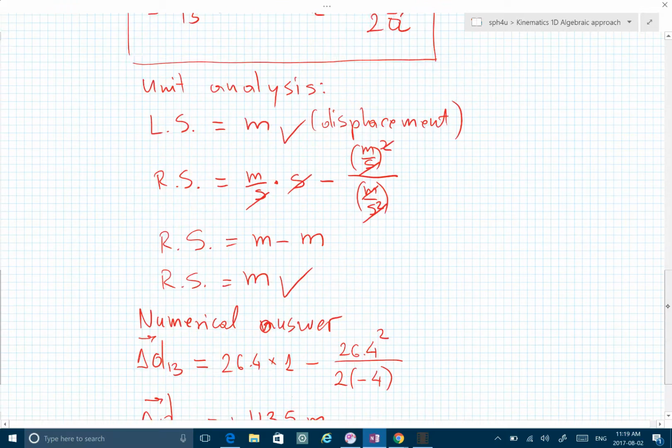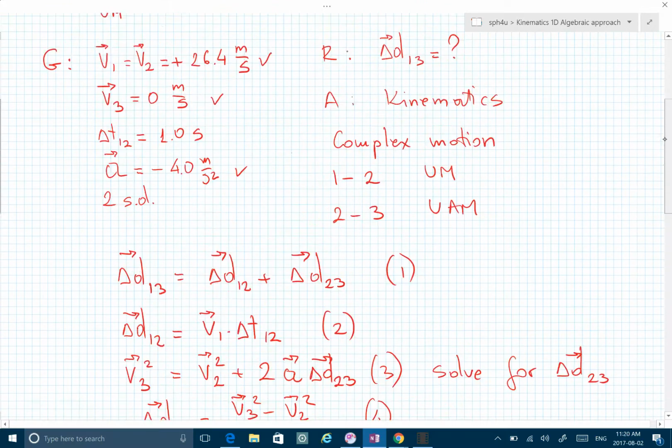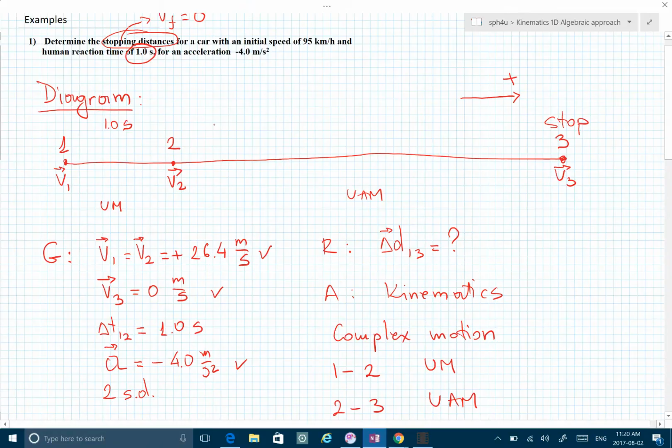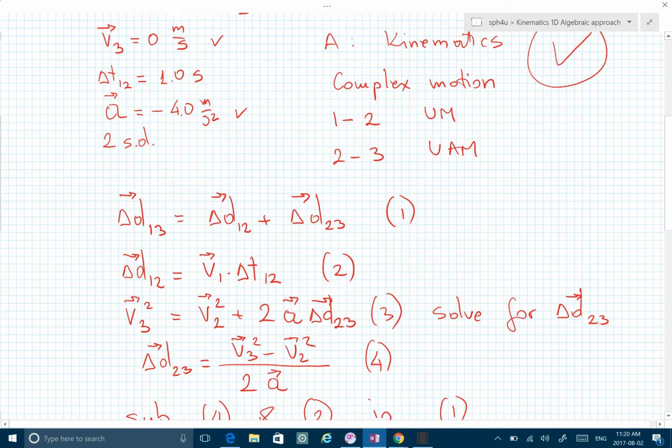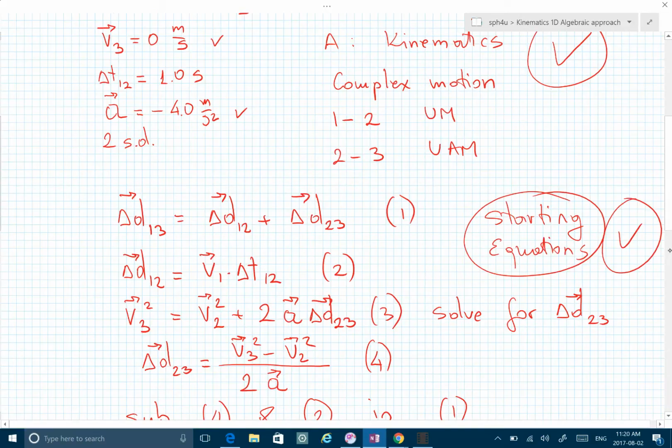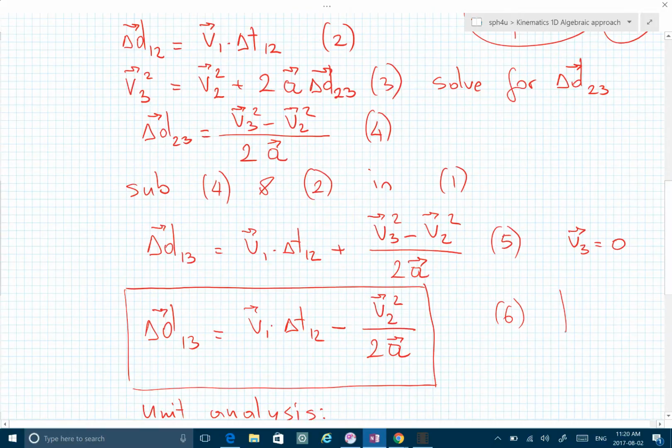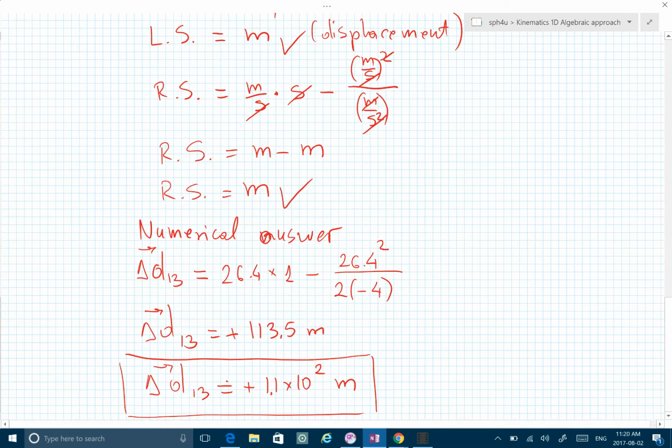So I'm going to go very quickly back to show you what it is I want to see on a test, all right? So on a test, I want to see a diagram, right? I want to see the given required information. I want to see the starting equations, right? And I want to see the final equation, right?